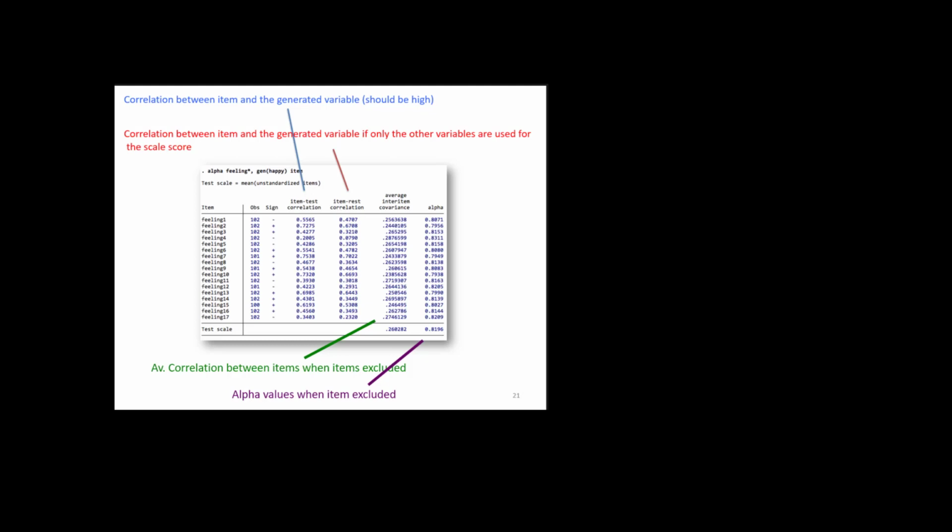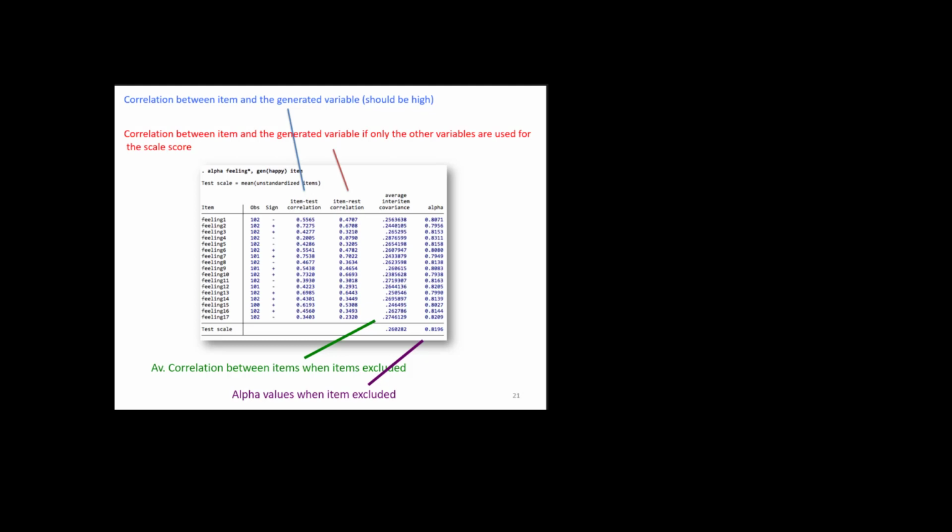Then the column next to it is the item test correlation. That is the correlation of the specific item with the scale score. For example, if you would expect feeling 1 to have a contribution to the total happiness scale, if it would measure happiness, then of course you would expect the correlation to be high. Then the column next to that, item rest correlation, is actually almost the same.